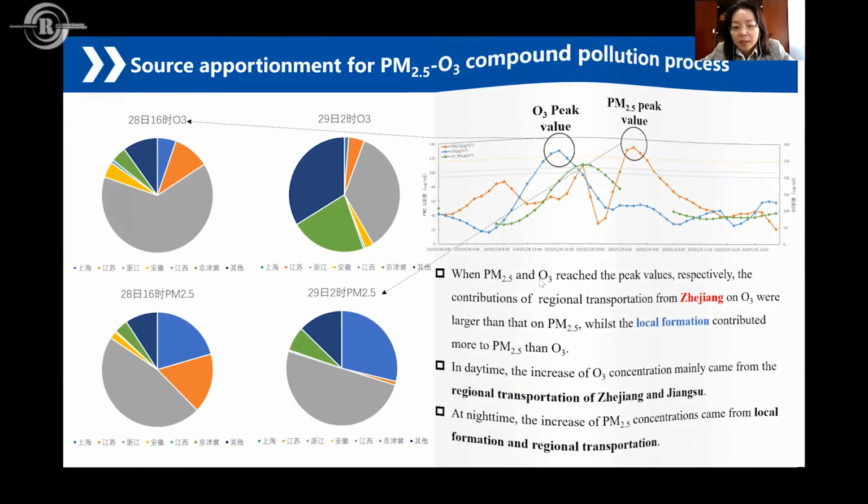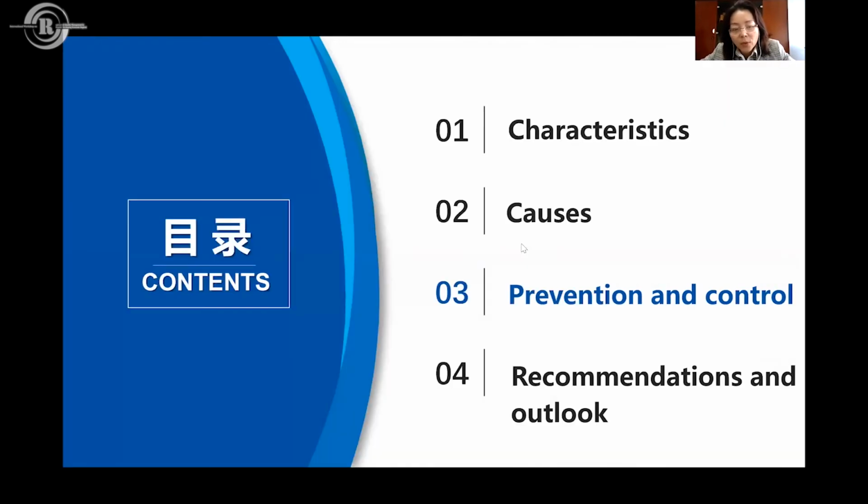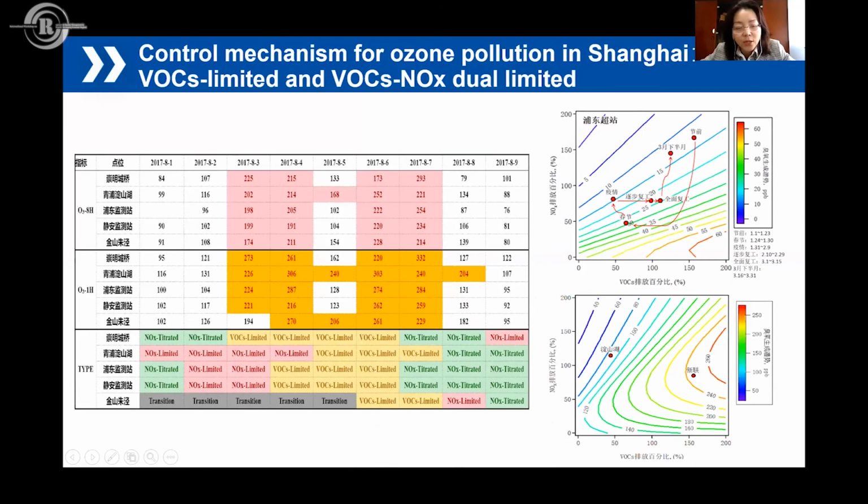So this is the relevant experience of the VOC control and the NOx control that we implemented in the Yangtze River Delta. You can see the control mechanism of ozone is quite complex, because sometimes it is NOx titrated, and sometimes it is VOC-limited or NOx-limited.